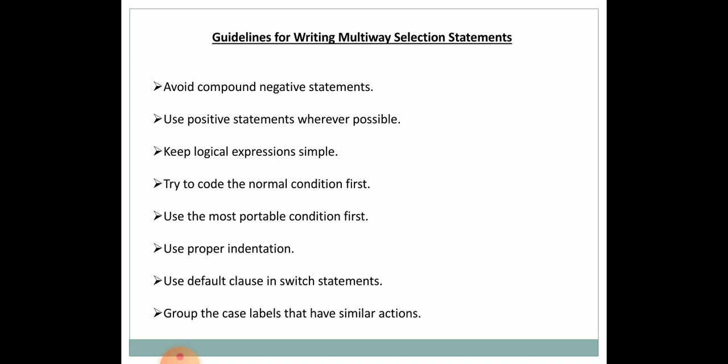We can achieve this using nested if statements if necessary. Keep the coding simple and short. Try to code the normal conditions first and use proper indentation as per the rules of indentation.